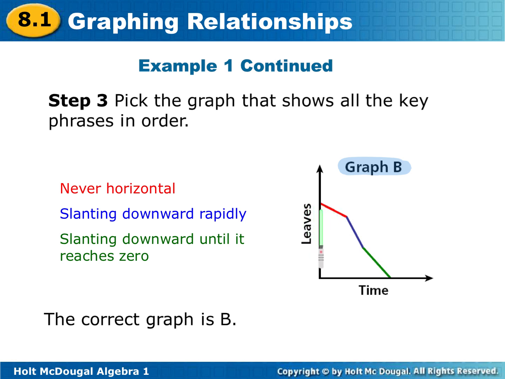So that's going to be this red section where they just kind of fall constantly for a couple days. Then the slanting downward rapidly was where that gust of wind hit us. And then after that, it started again, just falling at an average rate each day until eventually you get down here to 0, where there are no more. How do you guys feel?